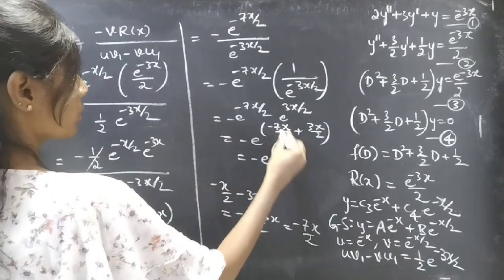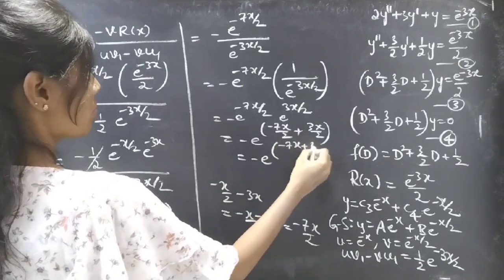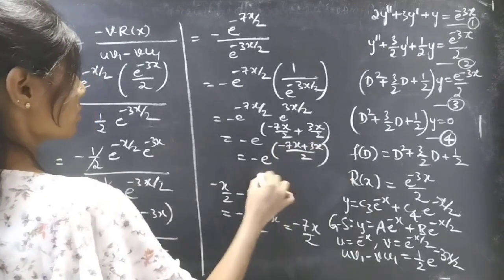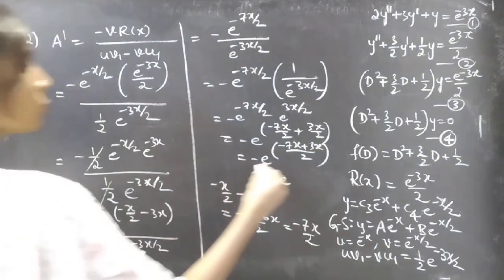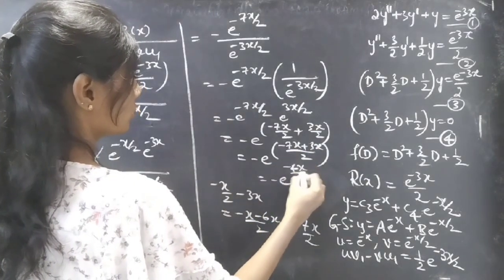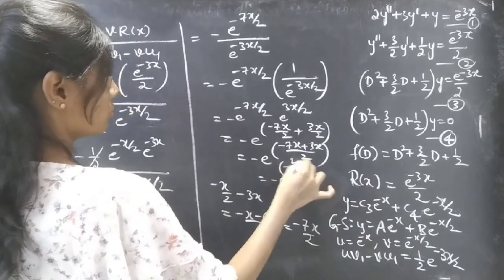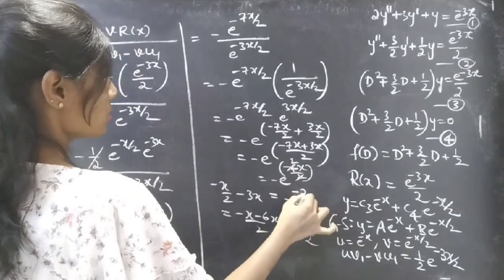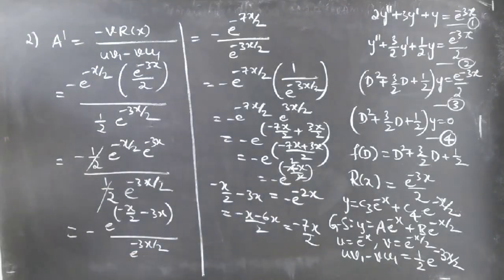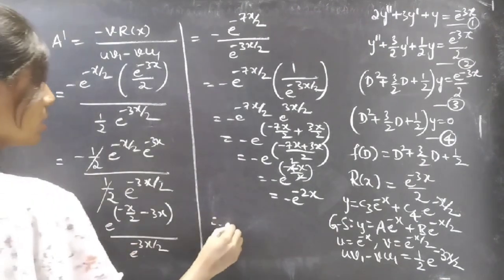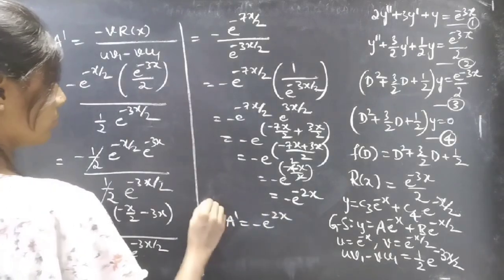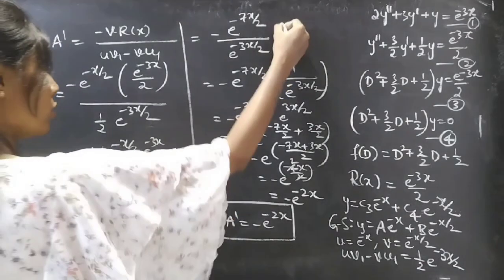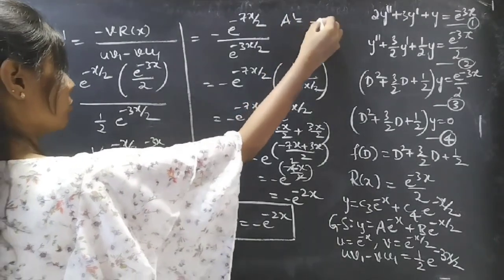We'll get minus 7x plus 3x by 2, which gives us minus e power minus 7x plus 3x is minus 4x by 2, which gives us minus e power minus 2x. Therefore, A dash equals to minus e power minus 2x. We got A dash. Let's now find A.